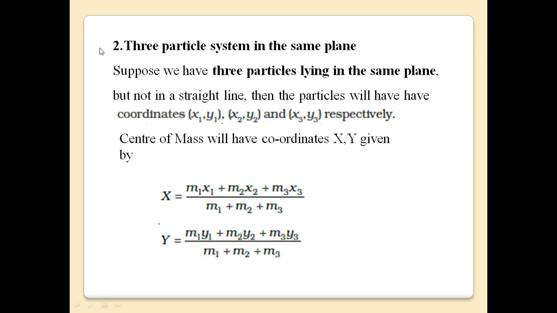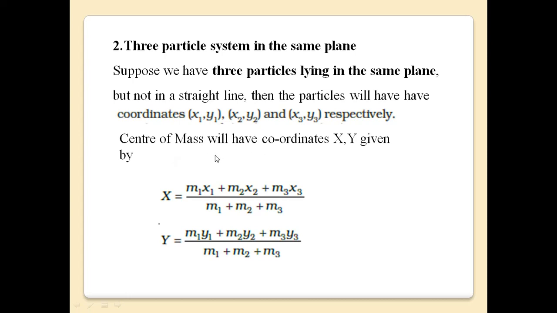Now next is a three-particle system in the same plane. Here we are going to use the xy plane as an example, and we have three particles lying randomly in this plane. Where will the center of mass be?